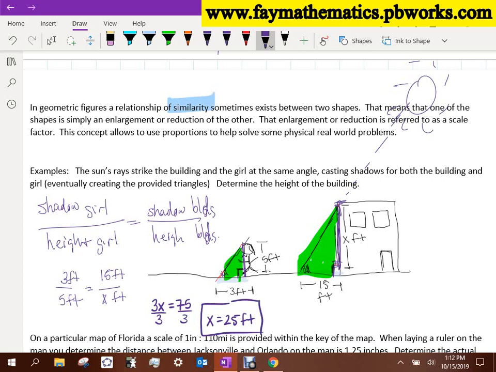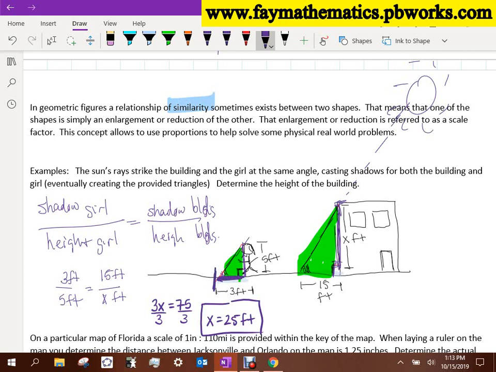And that's going to be accurate as long as my 15 feet, my 3 feet, and my 5 feet measurements are accurate. That's called indirect measurement. If I directly measure something, in this case, we probably took a tape measure and measured this girl's shadow, right?